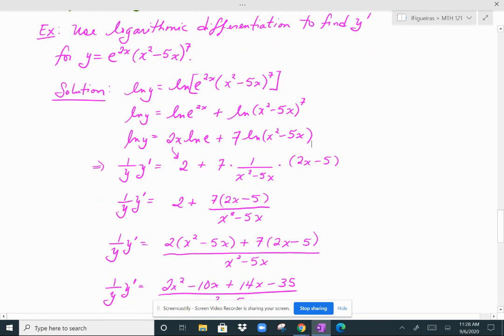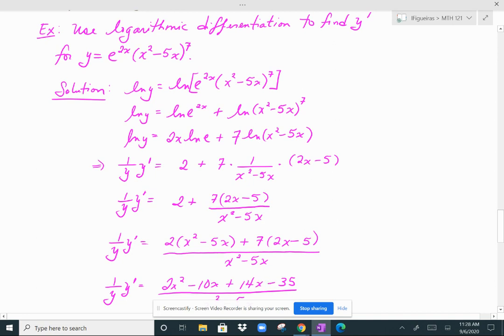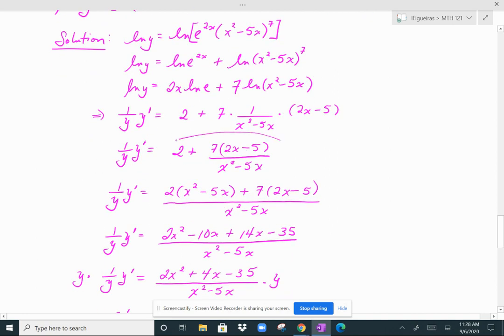So I just have to simplify this piece of the problem, which is what you see on the next line. So I have 2 plus 7 times (2x minus 5) all over (x squared minus 5x). So I'm going to have to distribute the 7 across, and I'm going to need to combine these two in some way.